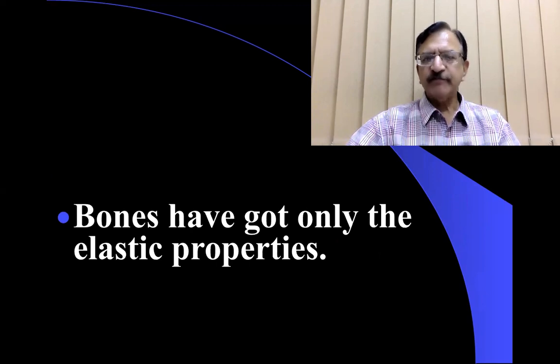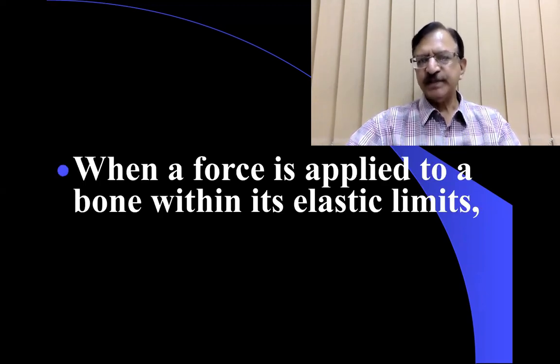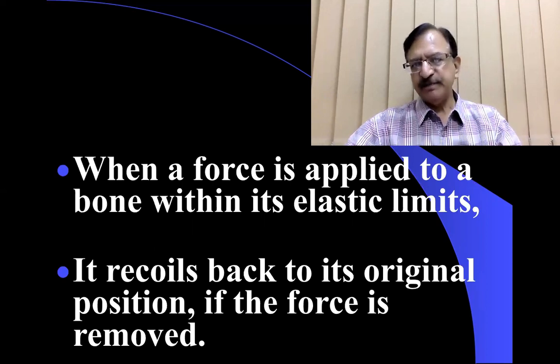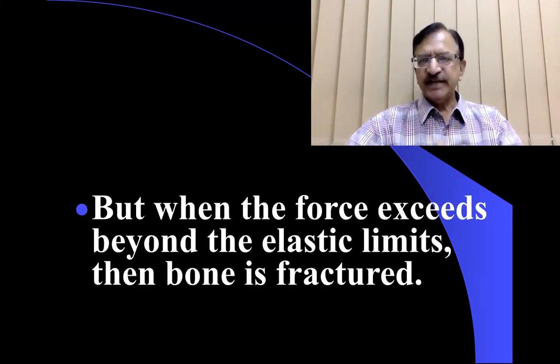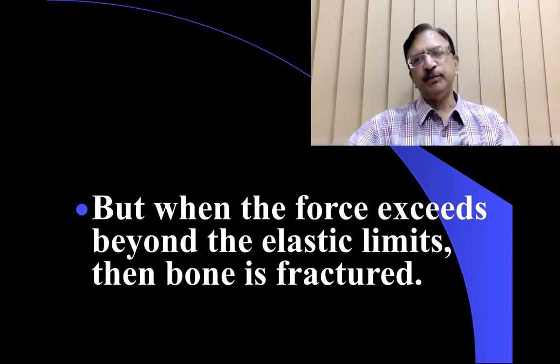Now talking about the bones. Bones have only elastic properties. When force is applied to a bone within its elastic limits, it recoils back to its original position when the force is removed. But if the force exceeds its elastic limits, then the bone will be fractured.